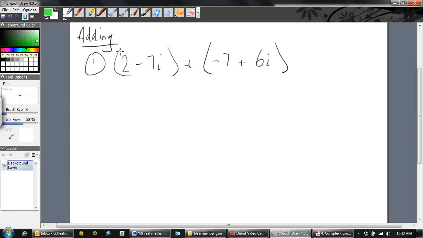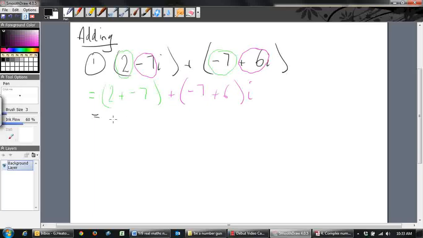So let's look at the real parts here. The real part is that 2 and this negative 7. So 2 plus negative 7, that's our real part. Then the other parts, you've got a negative 7i here, and you've got a positive 6i there. So plus negative 7 plus 6i, that's our imaginary parts.